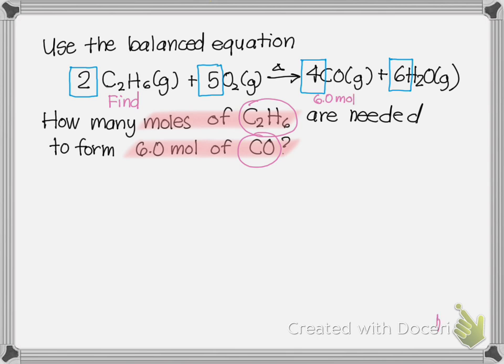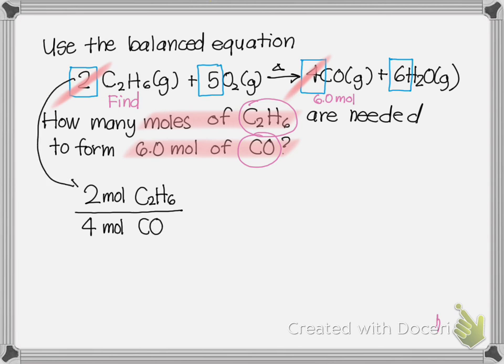So the ratio of these two substances is 2 to 4. So I'm going to write it down in a different way. So it's 2 moles of C2H6, and I'm just writing this from the equation and then writing the word mole behind the number. 4 moles of CO. So the 2 is right there, and the 4 comes from right there.